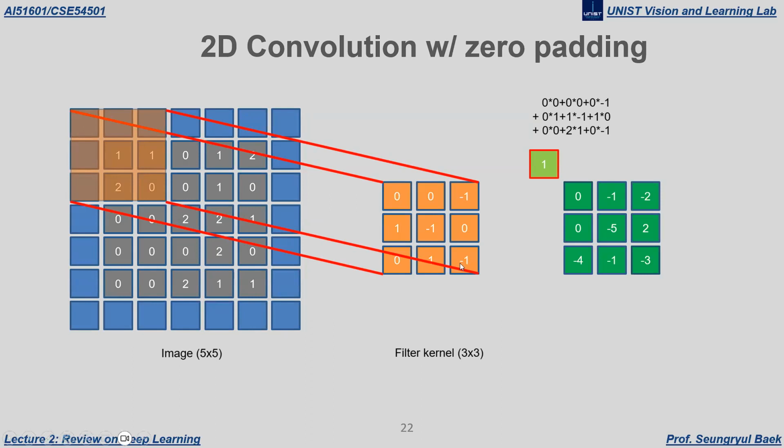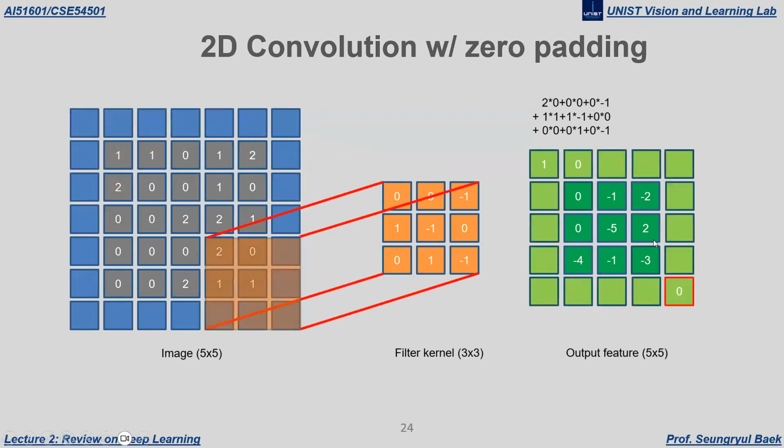Then you can apply the 2D convolution operation. Now you will have the same dimensional output as the input image, okay? So this is the zero padding scheme in 2D convolution. To prevent your output from becoming smaller than the input image, you can do this kind of zero padding.